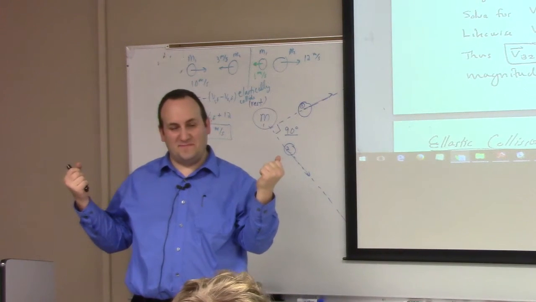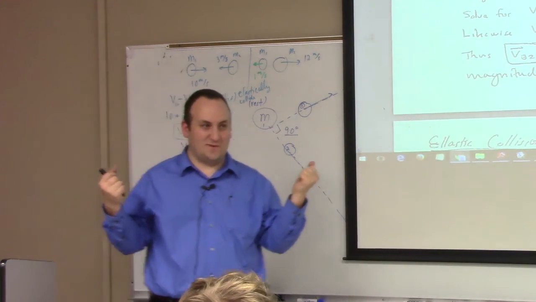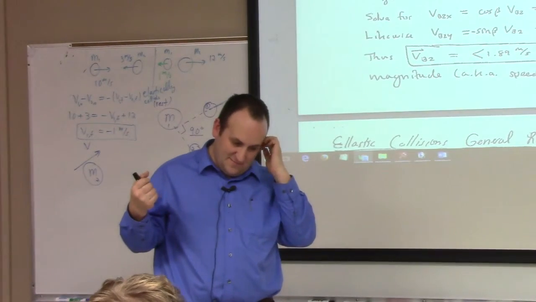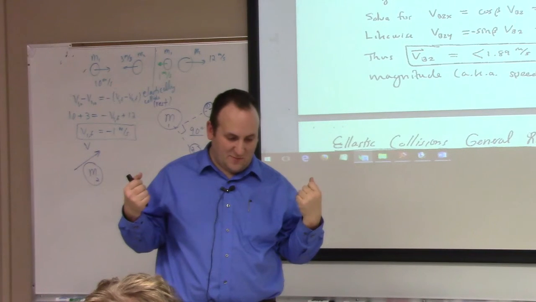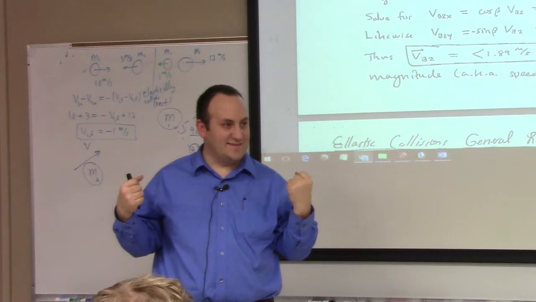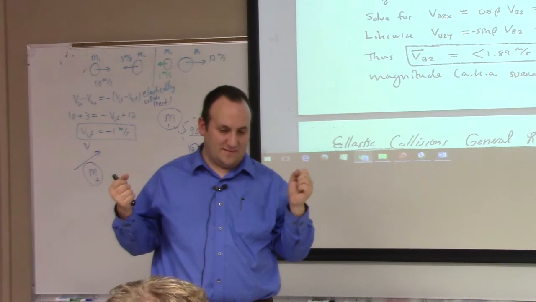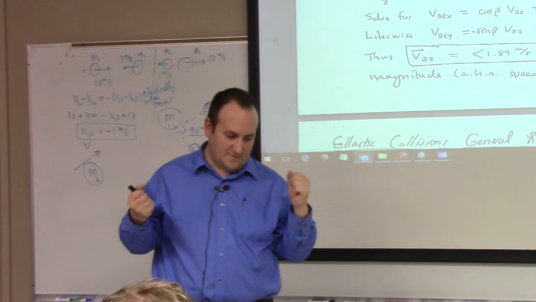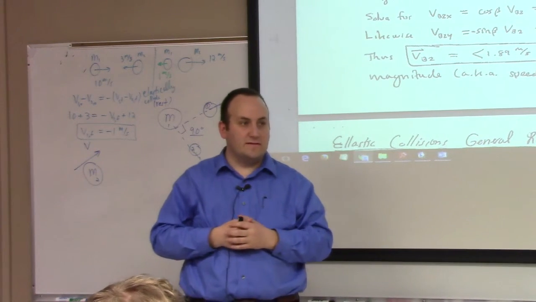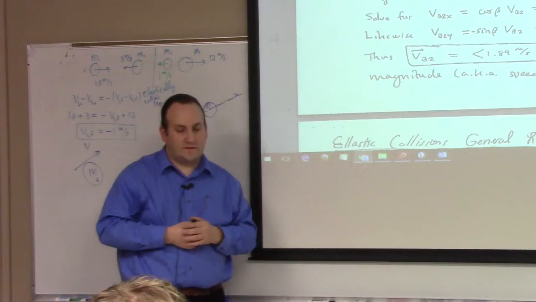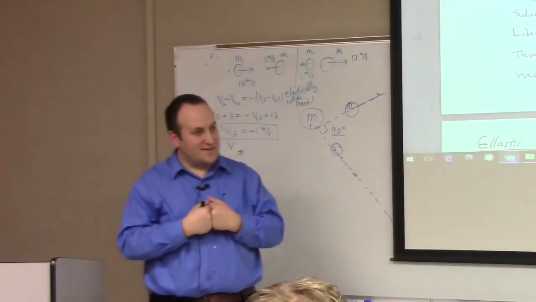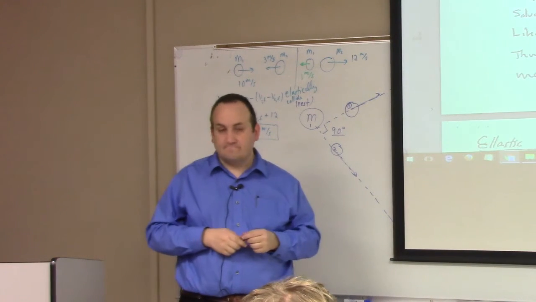Momentum must be conserved. That's the big one. Short of an explosion, there really shouldn't be more kinetic energy after than before. You should have a loss of kinetic energy in a collision. As a system, you shouldn't have a collision and come out of it with more energy.